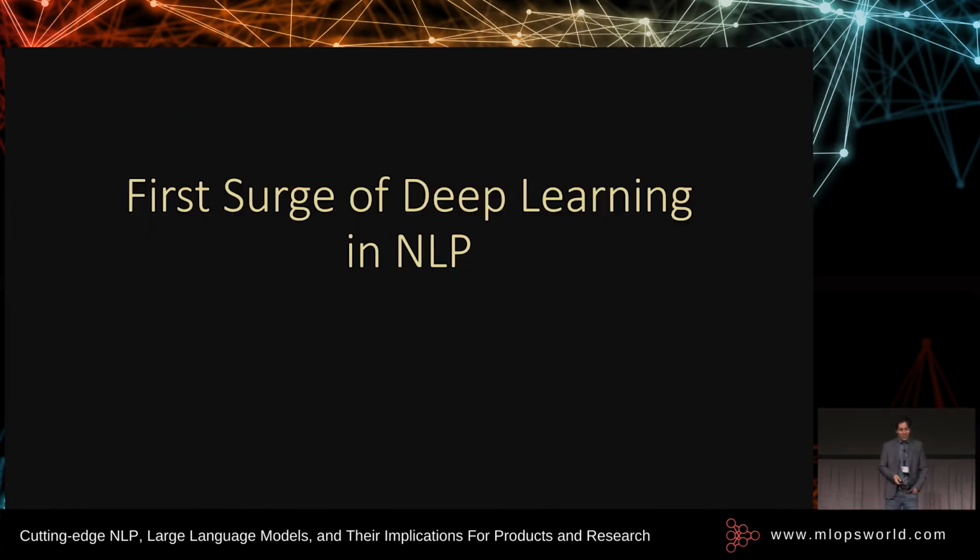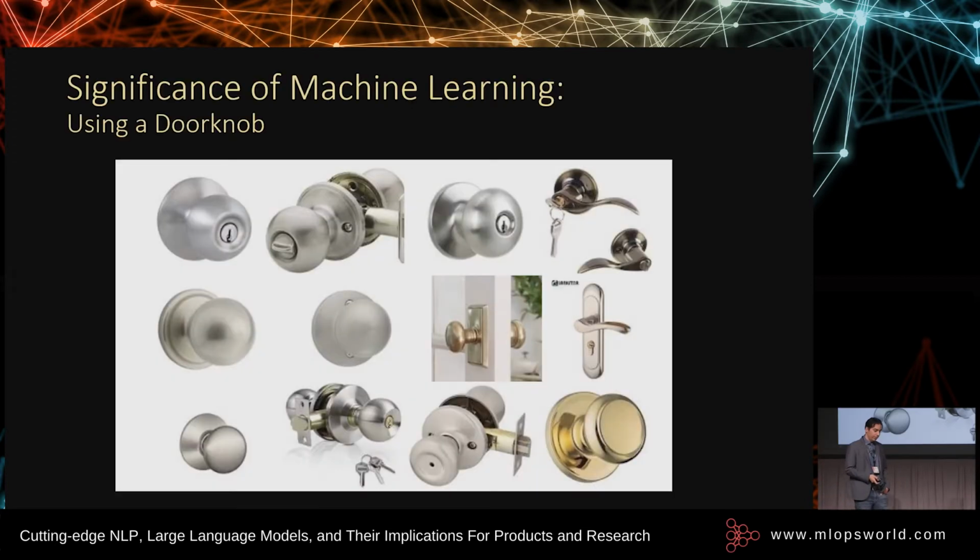Okay, good. So we got to the first surge of deep learning. And this is important. I was talking a little bit earlier about the complexity you face in a simple task, just opening the door using a doorknob, right? For those who've taken any of my classes, I've given that example before.